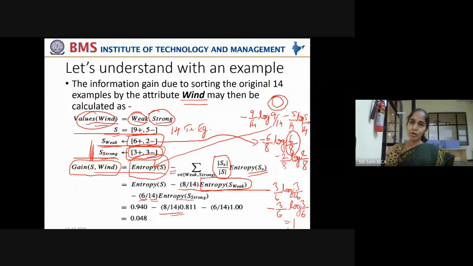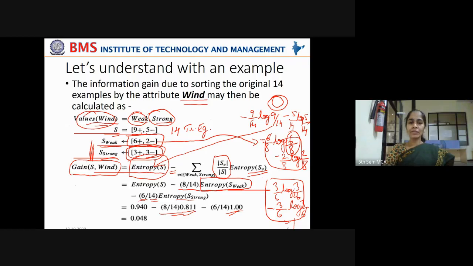Now calculate log of that. Do not calculate directly log of 6 by 8. When you calculate this entire thing, you will get 1. When you calculate the other, you will get 0.811.